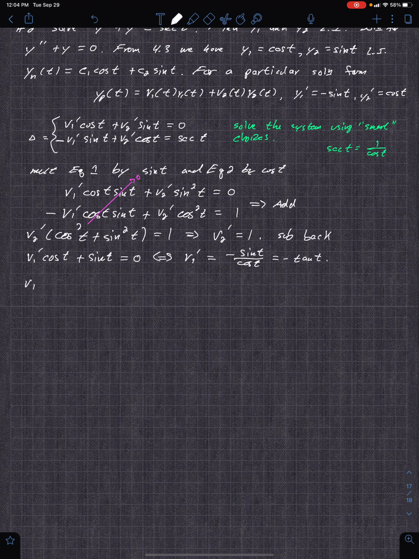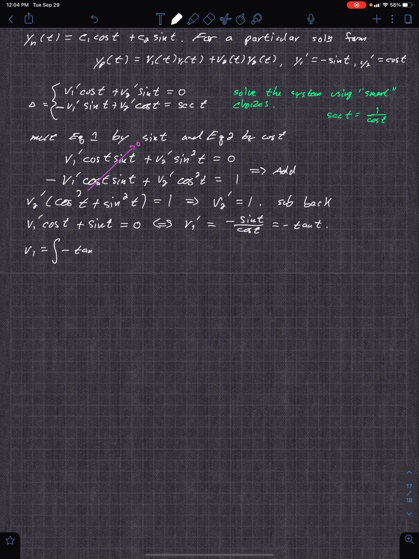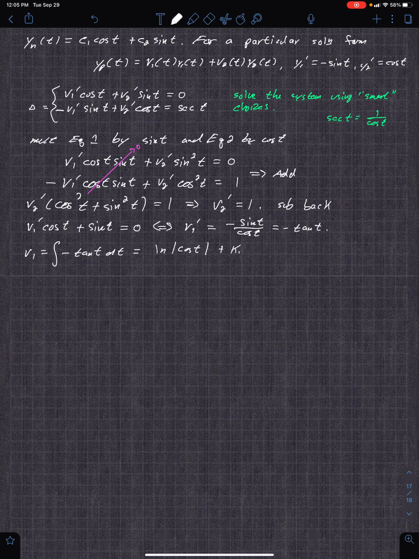So v1 is equal to the integral of negative tan t dt. Just look that up, that one's not always obvious. That's ln absolute value of cosine t plus k1. And v2 similarly is just the integral of 1 dt, so that's t plus k2.